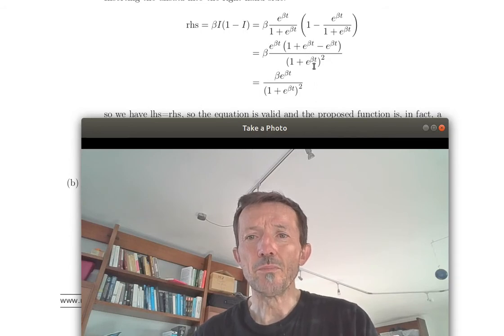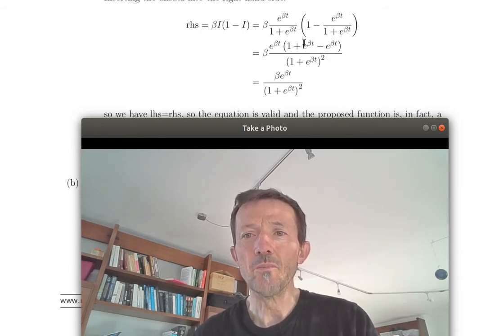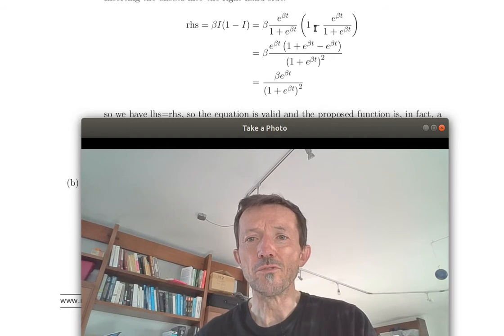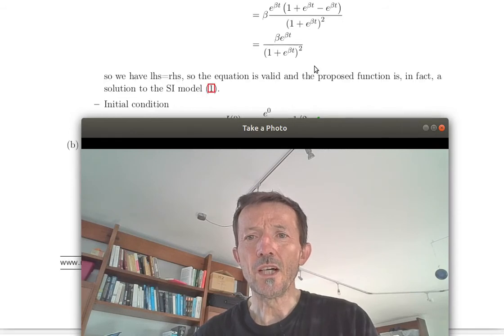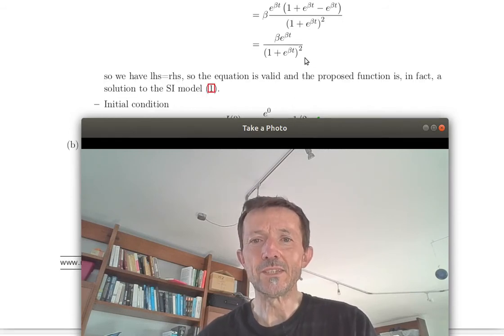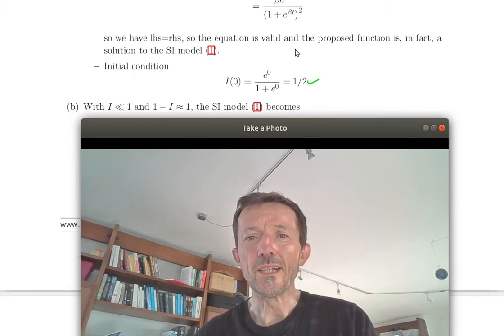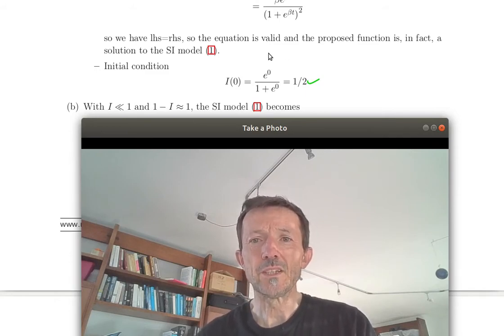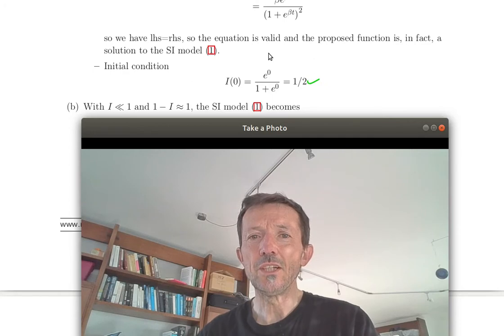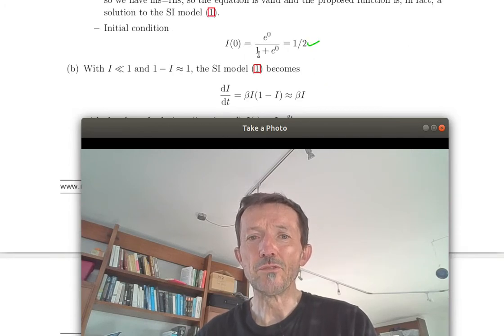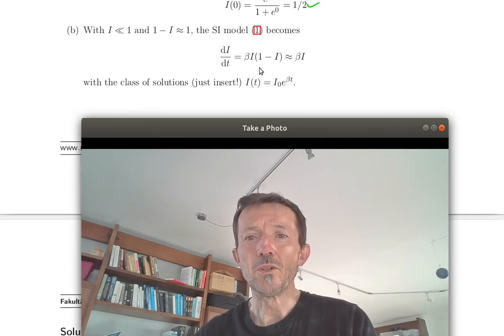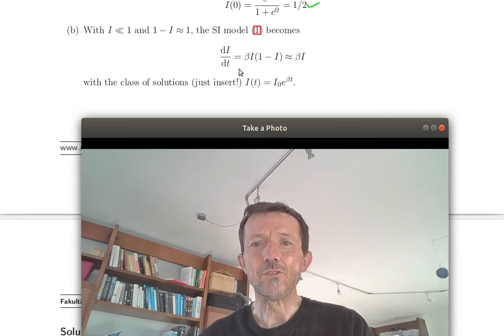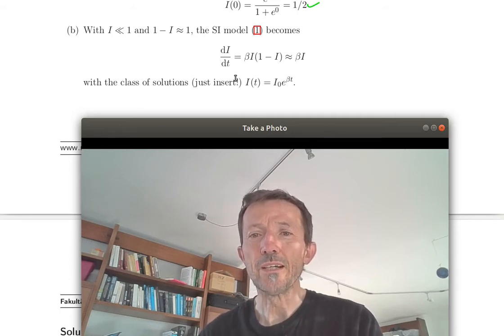That means we have to multiply the first factor with this, and the second factor is just the same. And now we see that the left hand side and the right hand side are the same. So we are done. We have shown that this in fact satisfies the differential equation, and the initial condition we have already shown, because I of 0 equals 0.5.